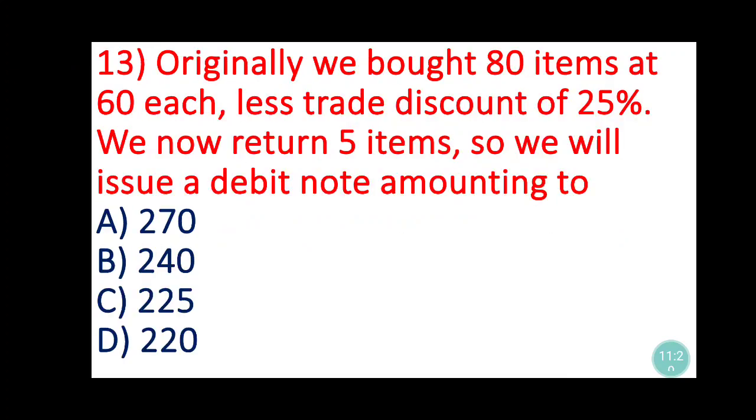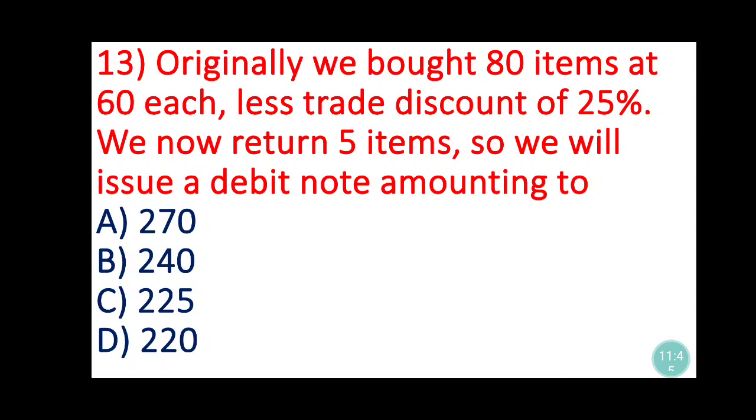13th, here the example is given: originally we bought 80 items at 60 each. When we purchase goods, we enter it in the purchase day book. Now when we are returning goods, suppose there is a trade discount when we are buying goods, here given as less trade discount of 25%.